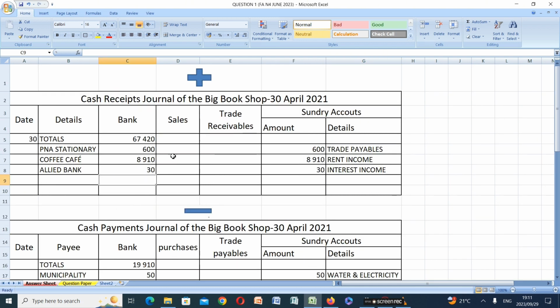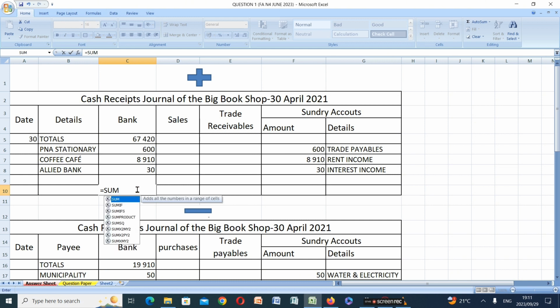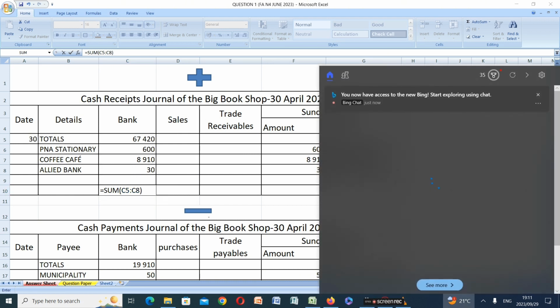So when you close off, we need to get the totals of our CRJ and our CPJ. So we need to get the total of all this. So let's just do that quickly. We use sum: this plus this plus this plus this, close bracket, and then enter.